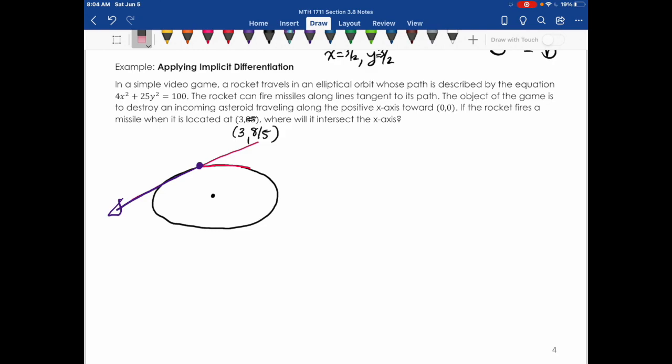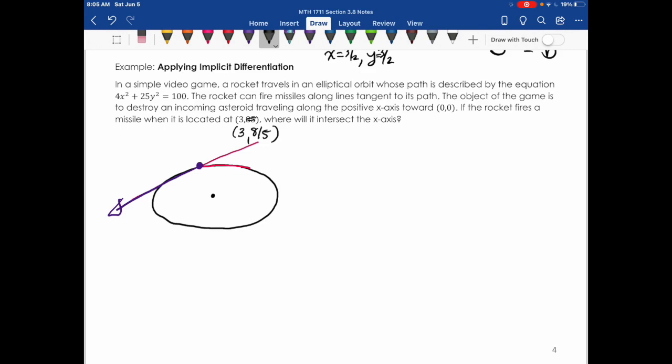So we need to find the equation of the tangent line at the point 3, 8/5. So we're going to take the derivative of the equation of the ellipse.